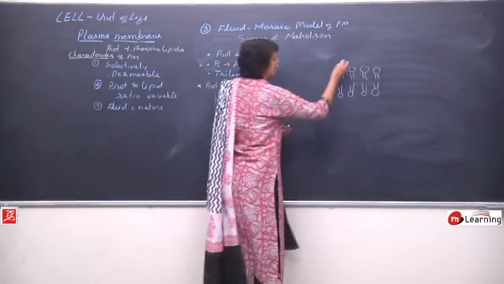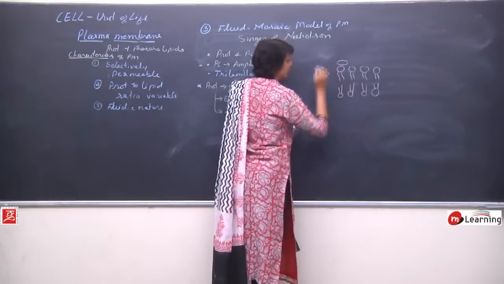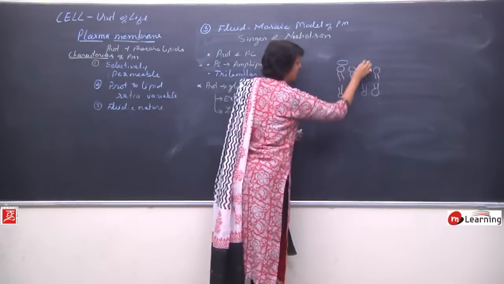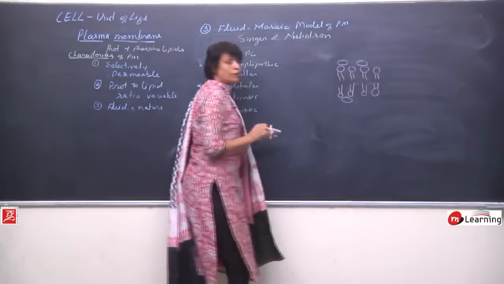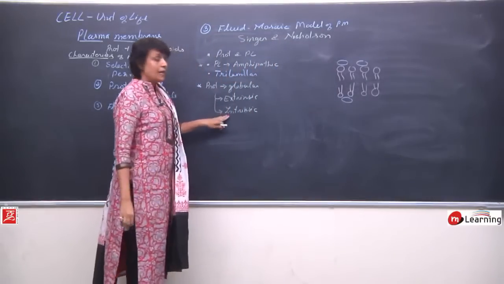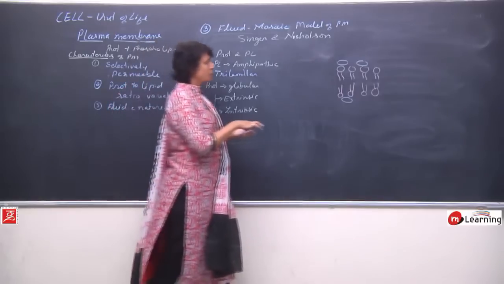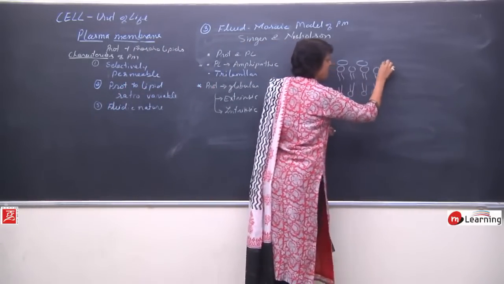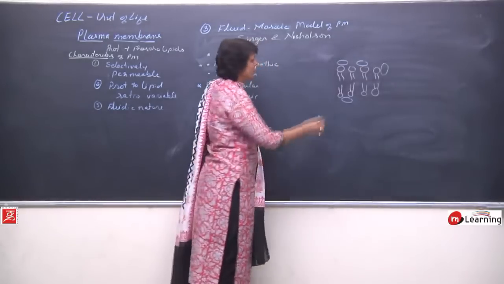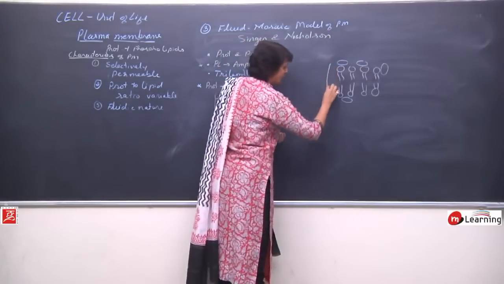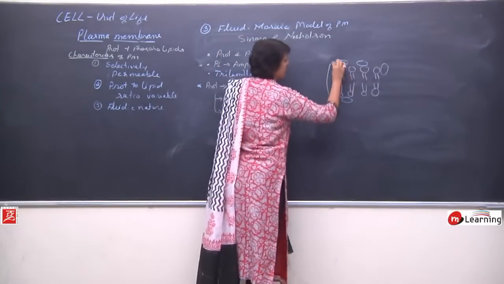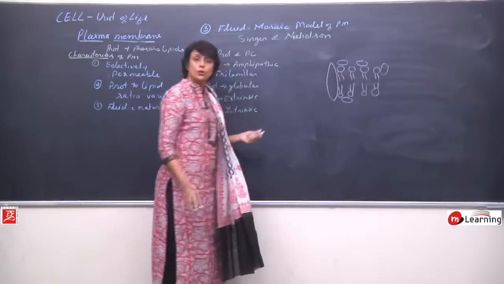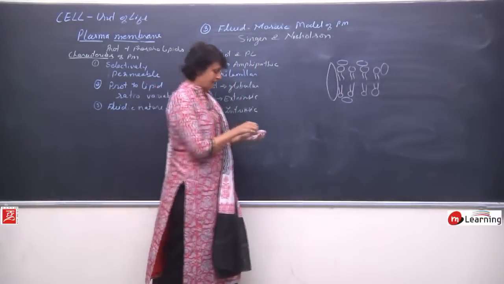Extrinsic proteins, globular, and they do not form a sheet. Intrinsic proteins can be of two categories. Some which are partially submerged and some which are completely submerged. That means they run through and through this phospholipid bilayer.